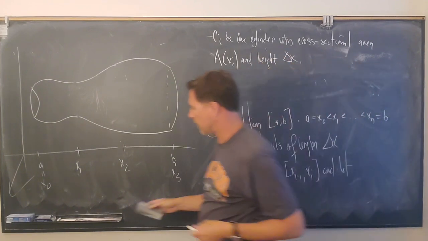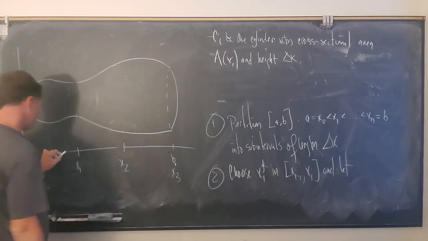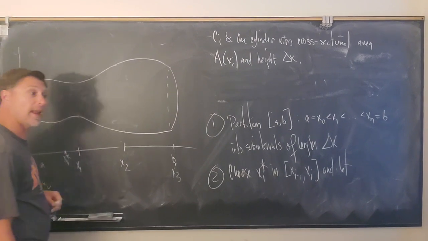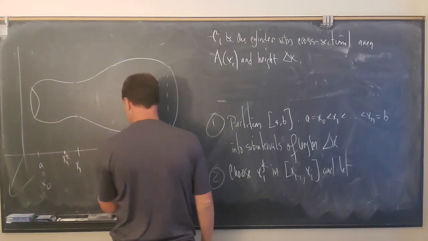So here's the idea. I'm going to choose a point in each subinterval. There's the first one. I call that x1 star. Doesn't matter where I pick it.